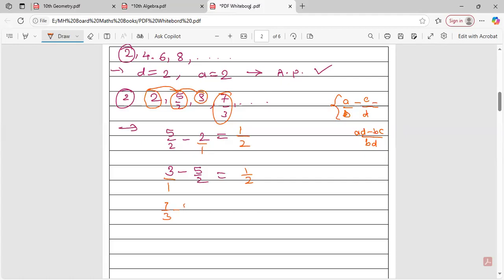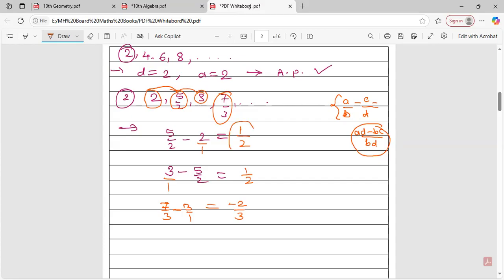7 by 3 minus 3. Check it now. Are we getting 1 upon 3 or minus 2 upon 3? Sorry, my bad, 7 minus 9 is minus 2, so minus 2 upon 3.